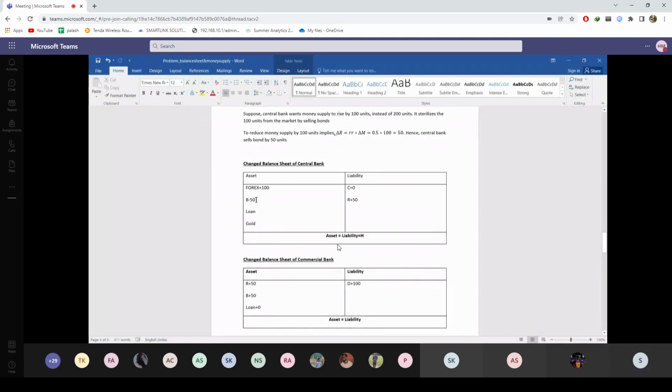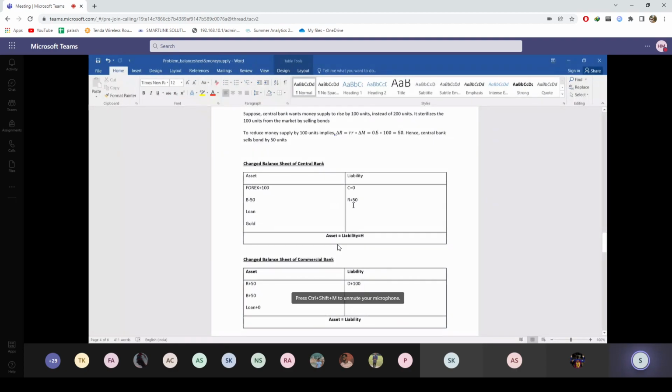Bonds minus 50. They're going to reduce bond holding by 50 units. When they reduce bond holding by 50 units, the reserves that had increased by 100 units will fall by 50 units. The reserves will be increased by 50 units over here. There is 50 units over here, and there is 100 units over here in the commercial bank.